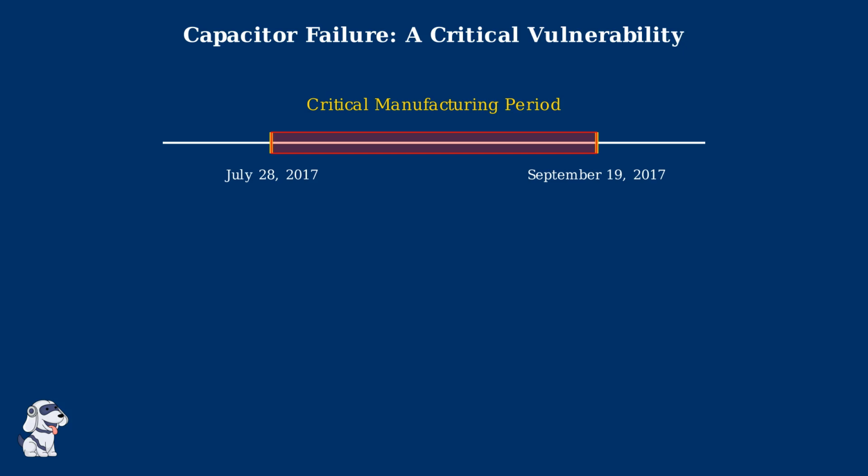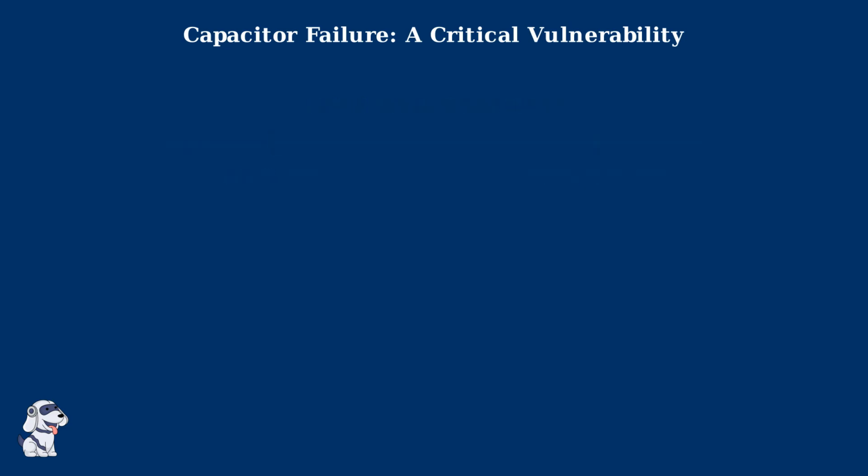This represents a critical manufacturing defect that affects thousands of units. The affected units can be identified by their build date codes, 7209 and 7262. These codes represent specific weeks during the problematic manufacturing period when defective capacitors were installed.